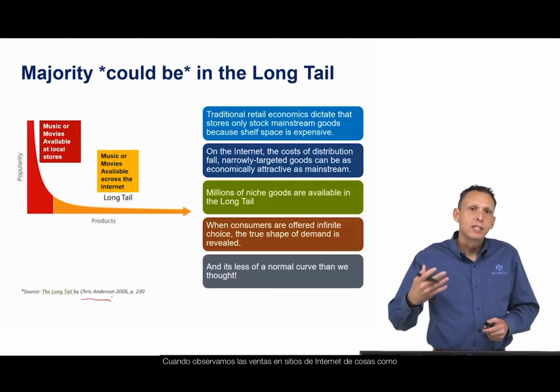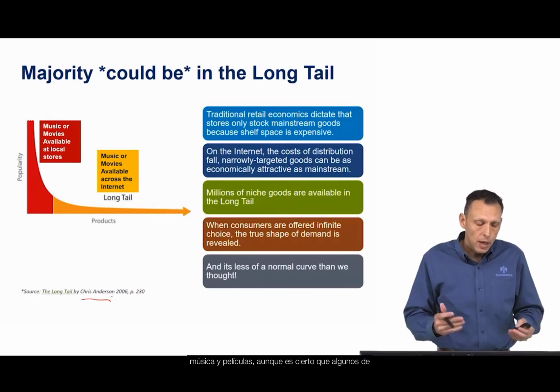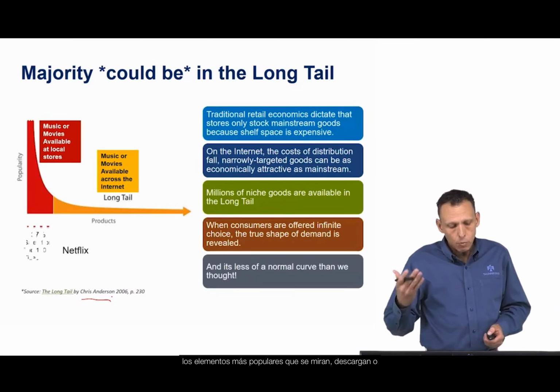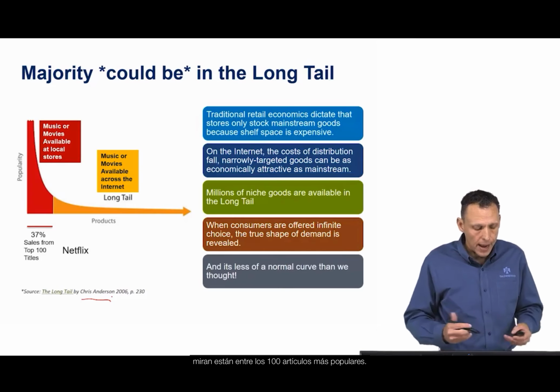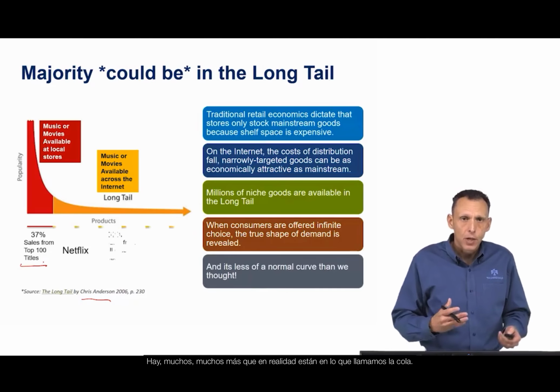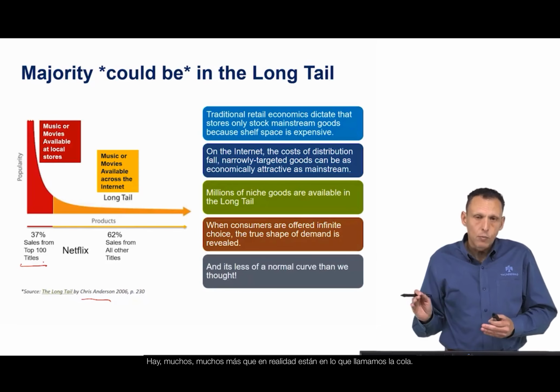When we look at sales on internet sites of things like music and movies, while it's true that some of the most popular items that are watched or downloaded are from the top 100 most popular items, there's much more that is actually in what we call the tail.